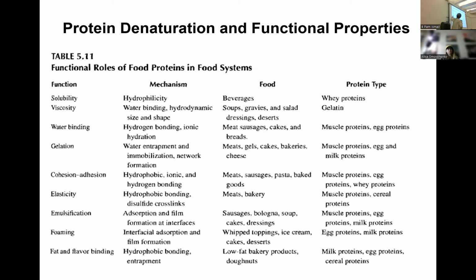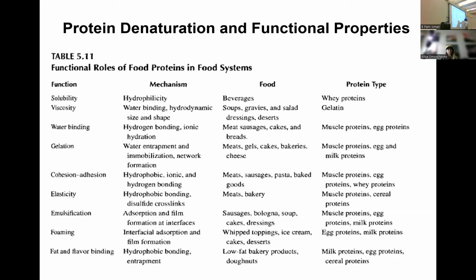That's the mechanism. We're going to talk about mechanisms for key functional properties, where these functionalities are important: solubility in beverages, viscosity in soup, water binding and gelation, see the meat products here, and so on.